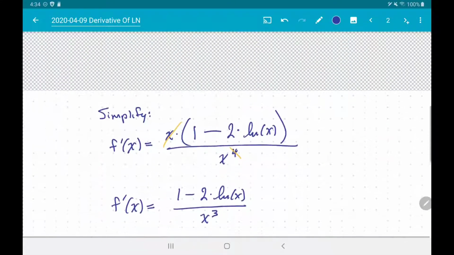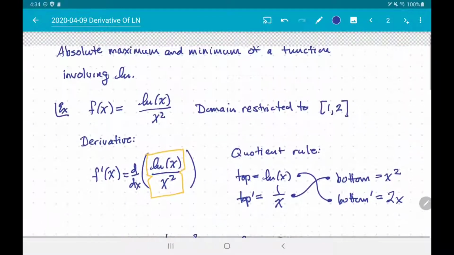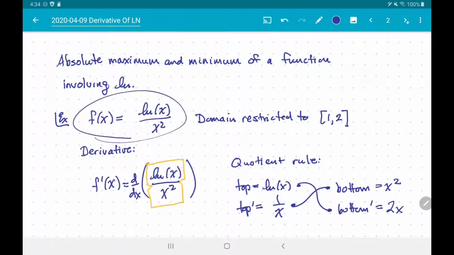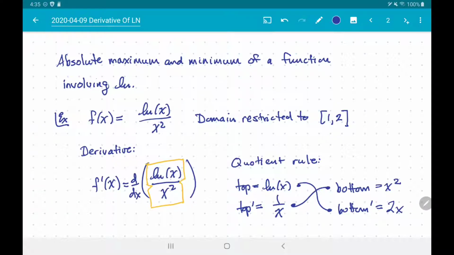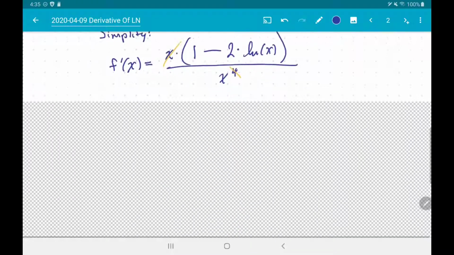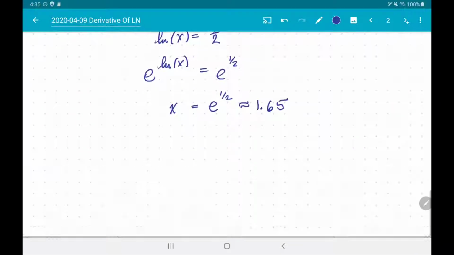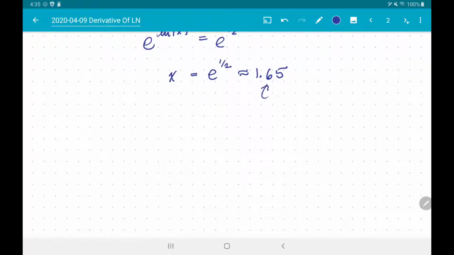We need to find the absolute maximum and minimum values of this function on that domain. The critical number we found, is it in the domain? It is. 1.65 is right there, close to the middle of that interval actually. So that critical number is a candidate for local maximum or minimum.